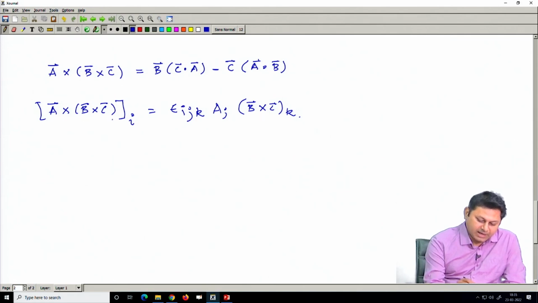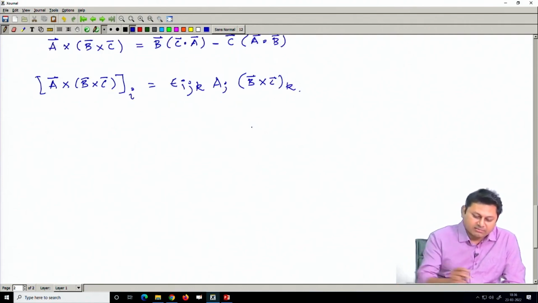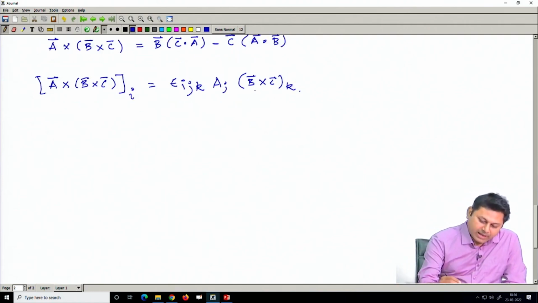So, in place of B I have another vector B cross C. So, I will just use this expression the way I write A cross B. Now, again one A cross B is B cross C, the kth component sitting here. So, that I need to resolve.